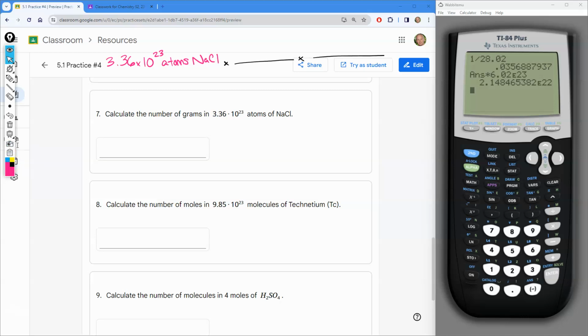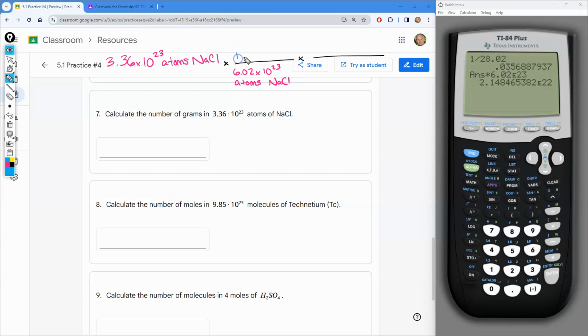Okay, so these are atoms, and it's asking for grams. We know we need 2 steps. We know that we're going to need to go to moles in between. To go from atoms to moles, we are going to need to use Avogadro's number. It goes in the denominator here because these are atoms, so these have to be atoms. Atoms of NaCl.